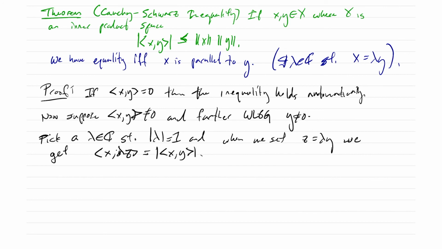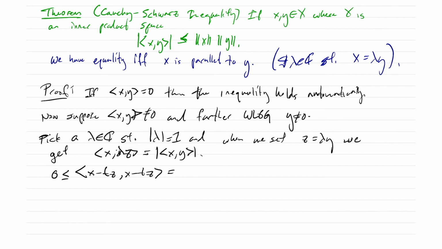Okay, so now what do we do? First of all, we can use a norm property, and so we know that the inner product of x minus tz with x minus tz is positive, right? That's just one of the fundamental properties of inner products, so it's nonnegative and could be equal to 0.